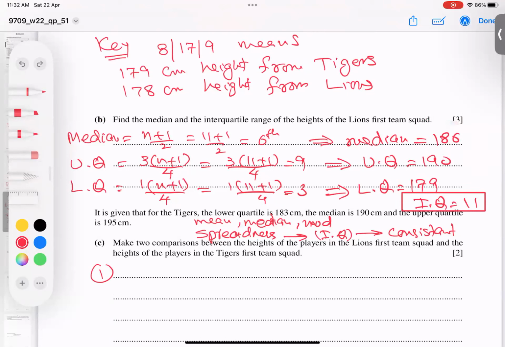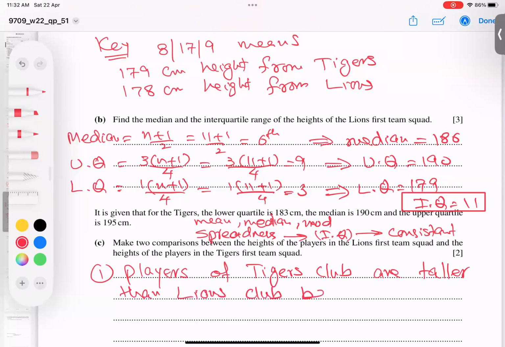So we can say that the players of the Tigers Club are taller than the Lions Club because of the bigger median.